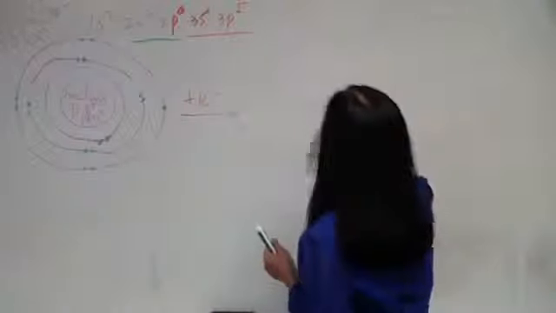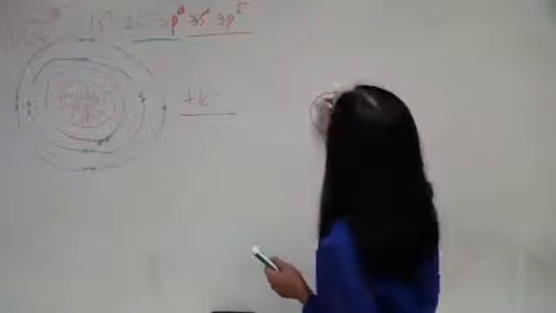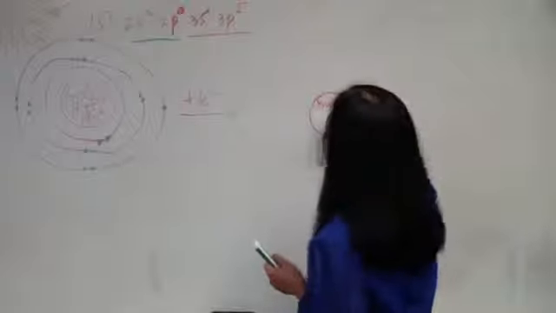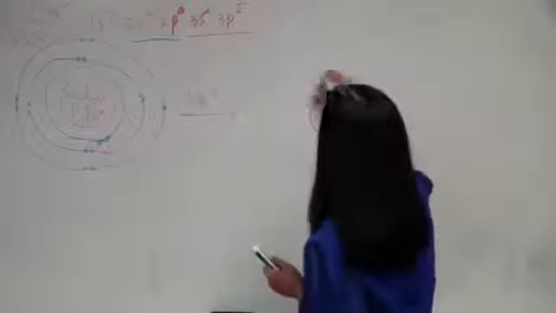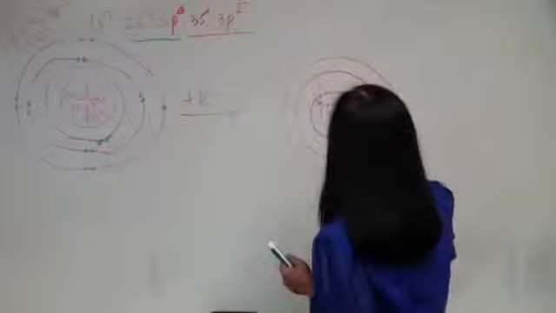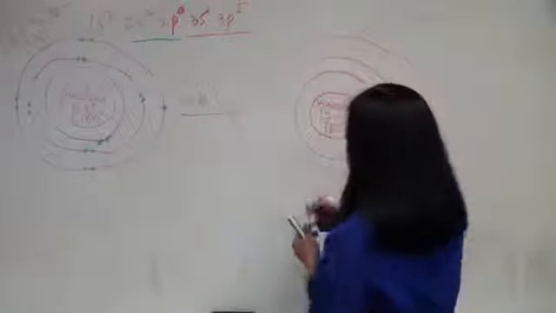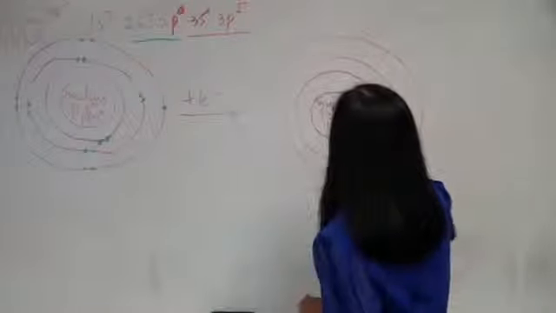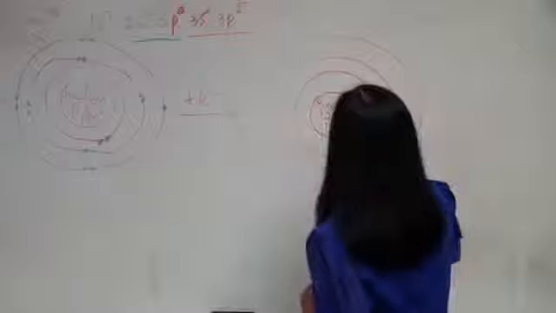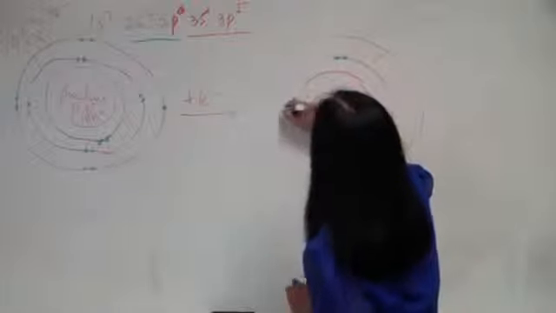And so if we were to draw the chlorine ion, it will be like this. We still have our 3 electron shells, right? So we will have our 2 electrons in the first electron shell, our 8 in the second electron shell.